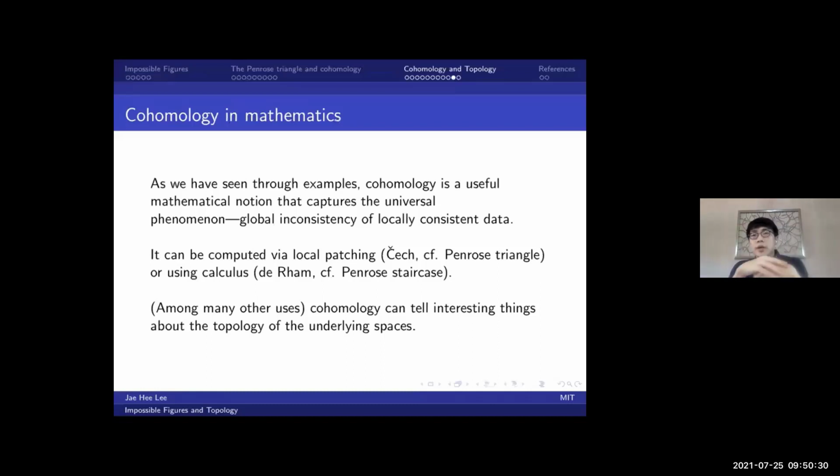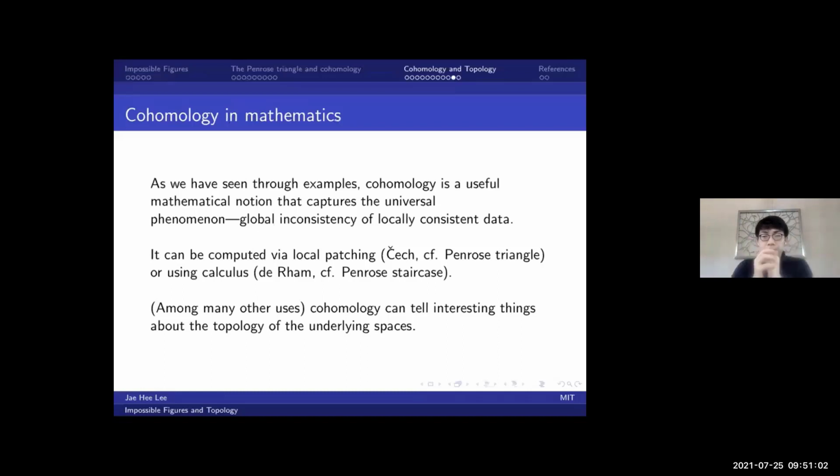And I've shown you two ways to detect non-zero cohomology. One was in the Čech sense, where we used the Penrose triangle, decomposed it into local pieces, and saw what happens when we try to patch them up. Or there was the calculus approach, which I didn't explain in detail because I didn't want to assume that all of you already knew calculus, but there's this de Rham sense in which you can also detect these non-zero cohomologies.